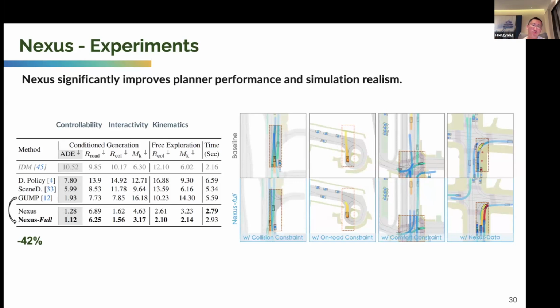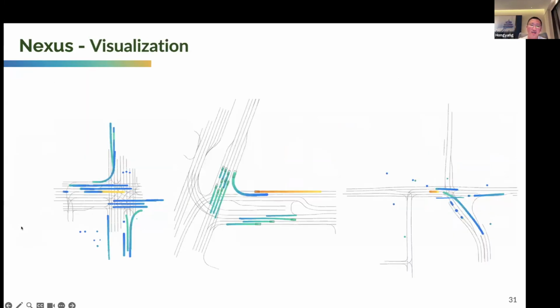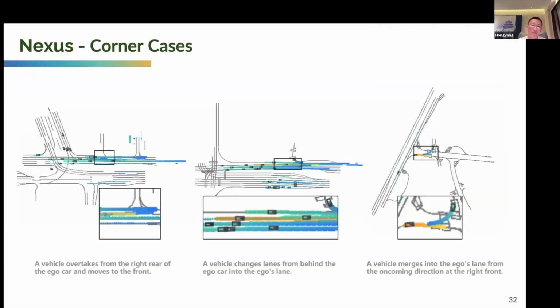So this is what we call the Nexus full. So basically, you can see this is trained with a larger training dataset. And visually, you can see this is a scene that Nexus generated as corner cases. For example, here a vehicle overtakes from the right rear of the ego car and moves to the front.